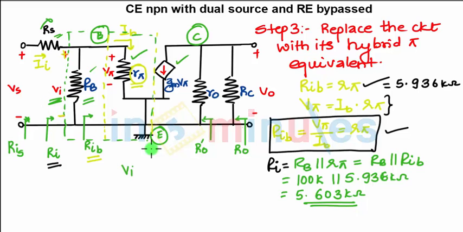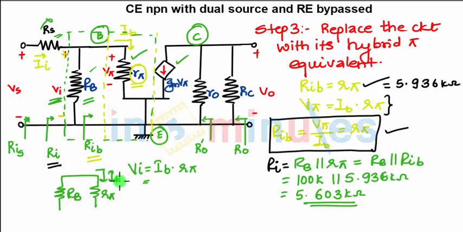Now if you want to derive this, how are you going to do it? In this case I can write VI, the same equation I am using to avoid confusion, IB into R pi, right? Now this is nothing but the current division rule. You have RB, you have R pi, current flowing through R pi is IB, current flowing through RB is II.